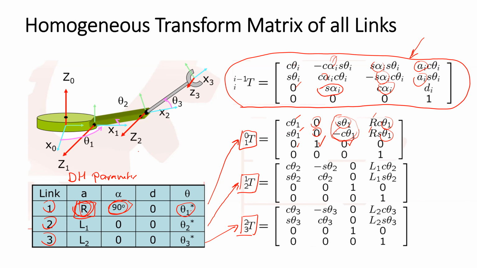The offset is 0. And here we can compose the homogeneous transform that relates frame 1 to frame 0.